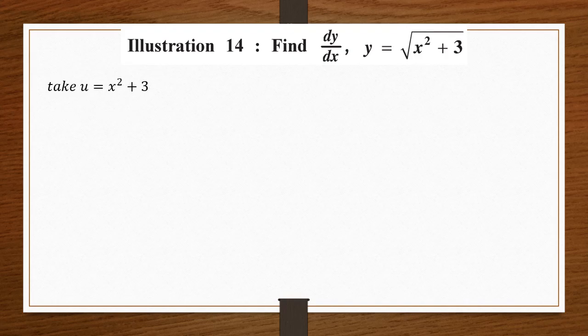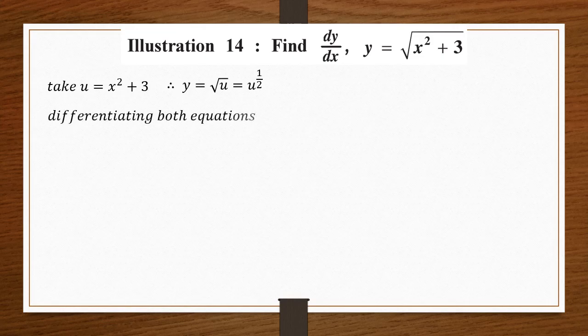So when we replace x square plus 3 with u, y will be root u, and root means power 1 upon 2. So y will be u raised to 1 upon 2. Now first of all, we will differentiate both equations, that is equation u and equation y. Du upon dx, x square makes it 2x and 3 is 0. So it will be 2x. For dy upon du, it is 1 upon 2 root u.